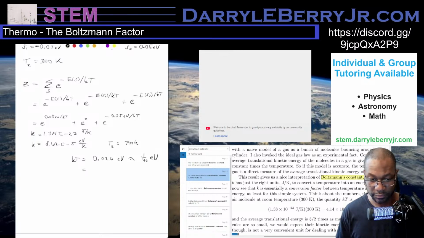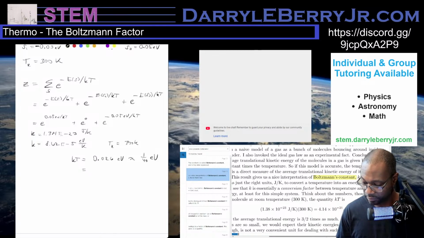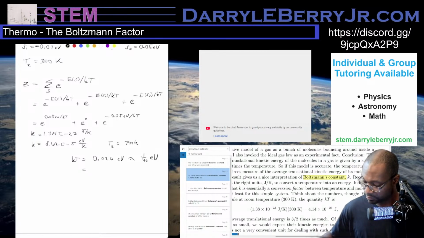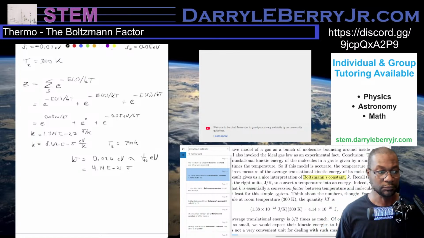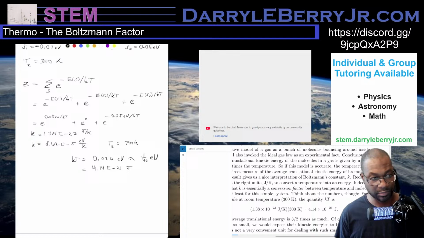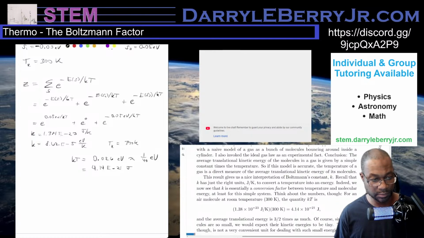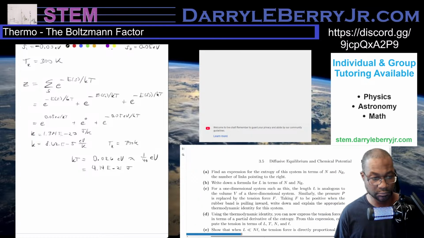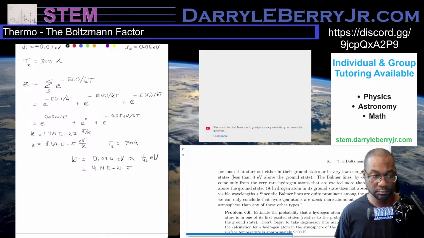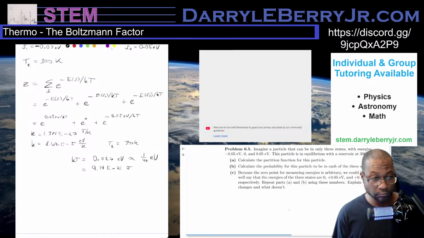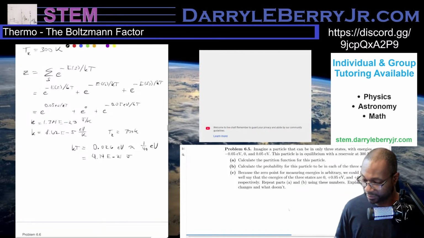That also equals 1.381 times 10 to the negative 23 times 300, 4.14 times 10 to the negative 21 joules. All right, let's go back to our problem. We're calculating the partition function.